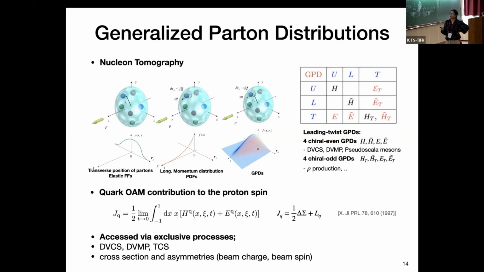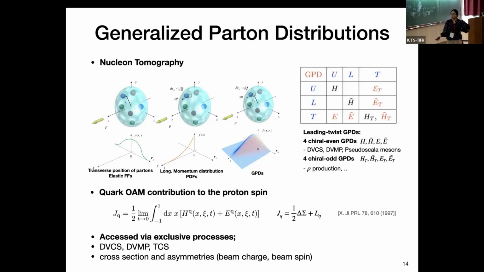But basically, with GPD and TMD, you can have nucleon tomography and a three-dimensional imaging of the nucleon structure. For GPDs, there are 8 leading GPDs: 4 of them are chiral even, 4 are chiral odd. The other important thing is that the quark orbital angular momentum contribution to the proton has a connection with these GPD functions.